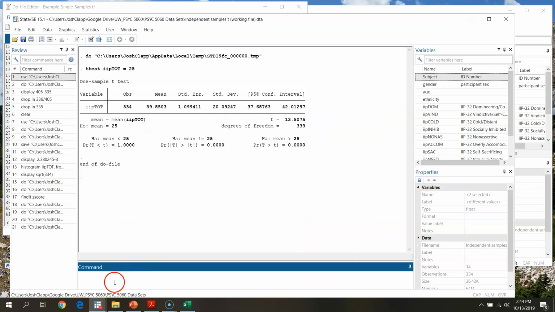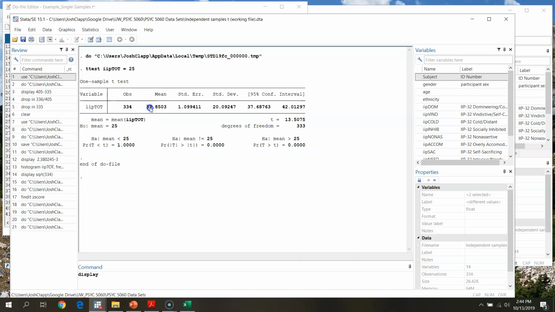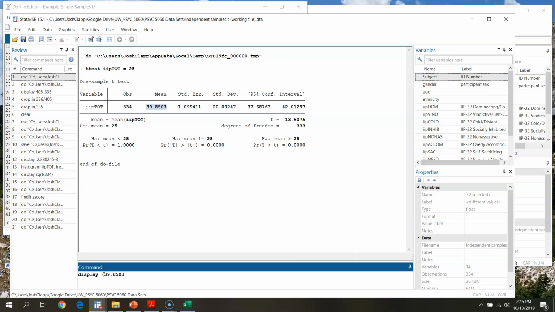So for this, we can do this really quickly just here in the Stata command prompt. If I hit display, take my mean value, minus my expected value under the null, which is 25. That's my reference value here.